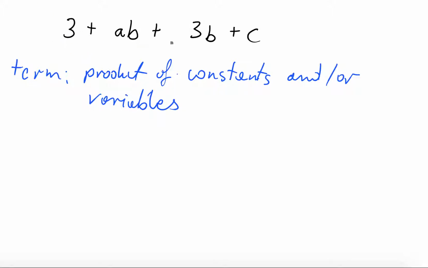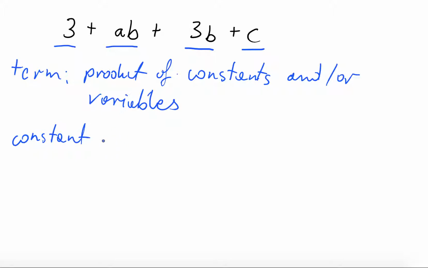Now, in our expression above, we have 4 terms. This is a term, this is a term, this is a term, and this is a term as well. This is a term because it involves what's known as a constant. A constant is a number that cannot change value. 3 is a known number, it cannot change value.